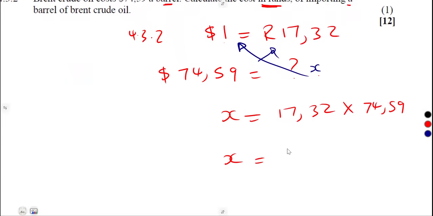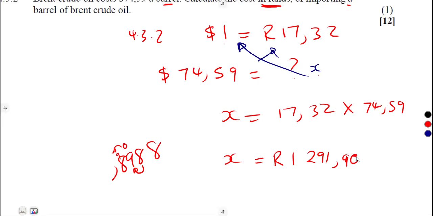So that is it. The total in rands, if you multiply this, it was going to be 1,291.8898. It was going to be 0.8988. So this 8 is going to change this 9 into a 10. It changes this into a 9. So it's going to be 0.90 to 2 decimal places.